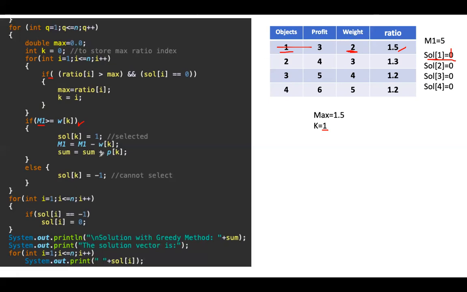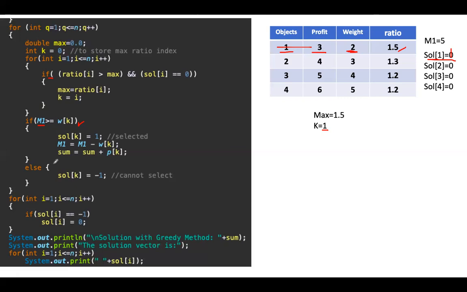Sum is equal to sum plus P of K. Sum was 0, now it will become 3. So in the table, the profit divided by weight ratio was highest for the first element, so we are considering that first element into the bag, its weight is 2, and the profit we are going to get is 3.